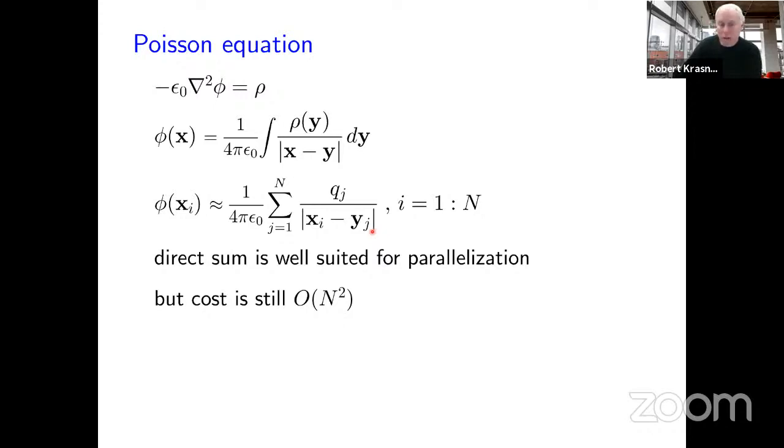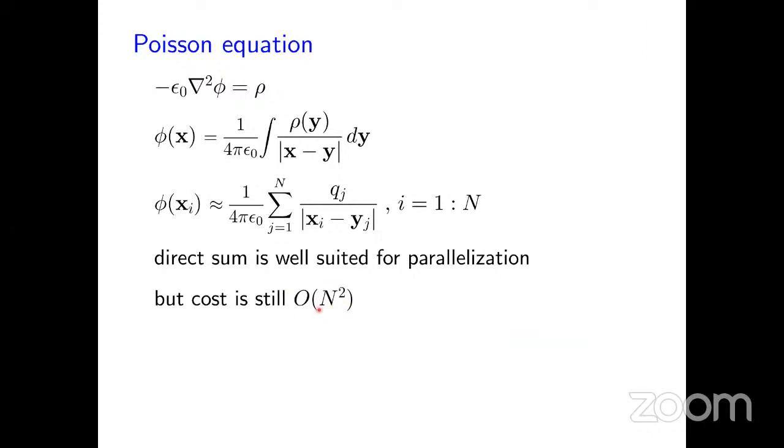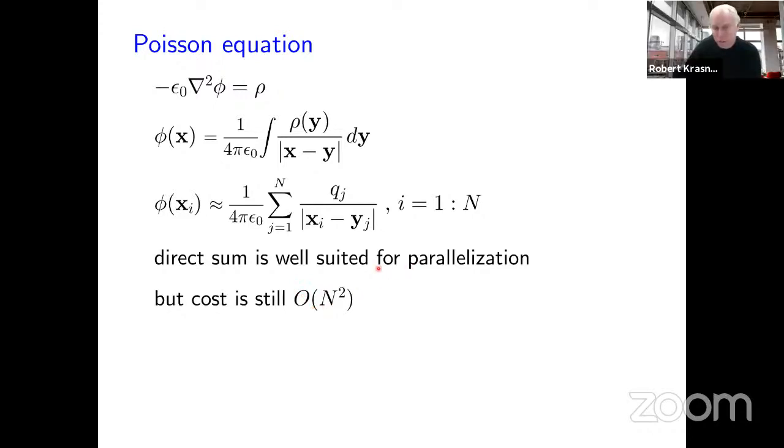And so those features make this very well suited for parallelization. However many cores you use, the cost will still scale like order n squared. So we'd like to reduce the asymptotic scaling and still preserve the good parallelization.